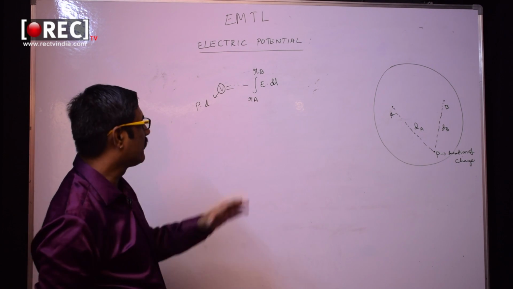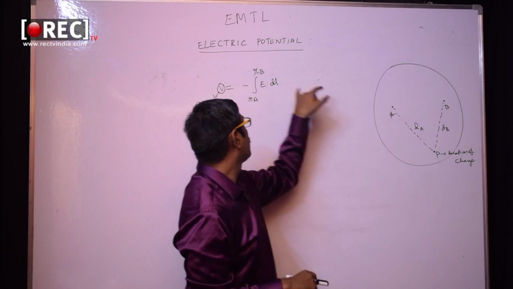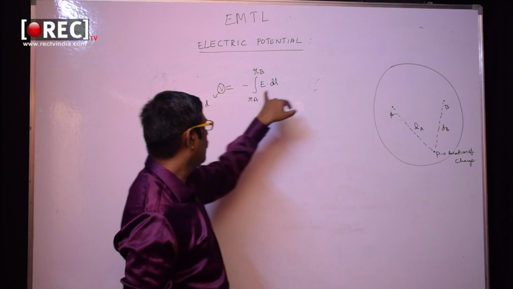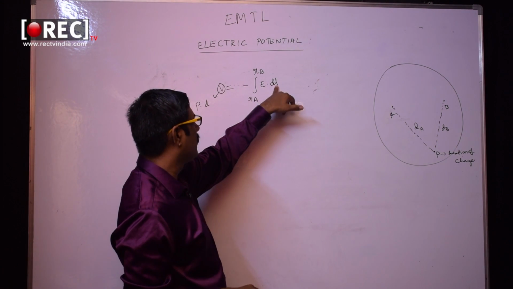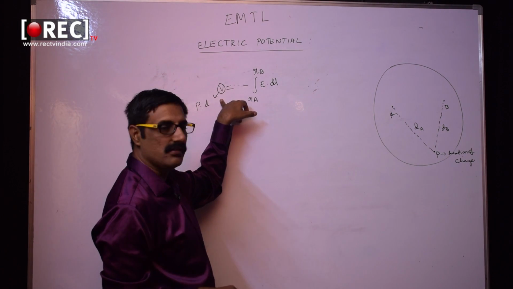If I consider RA as the distance of A from P, and RB as the distance of B from P, I can take from RA to RB, E bar dot dl as the expression for the potential difference.